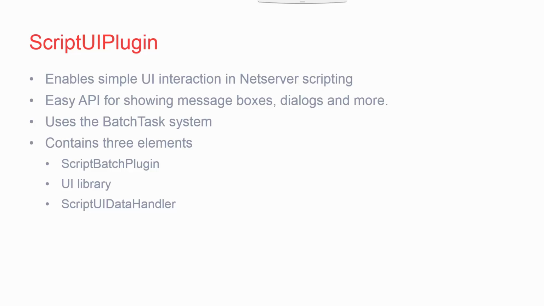It's an easy API for showing message boxes, dialogues. I've even included some methods to show you how to do some navigation for the users and inject your own JavaScript. It uses the batch task system in order to be able to interact with the user. There are 3 elements in here. There's the script batch plugin, there's the script UI library, and the script UI data handler.